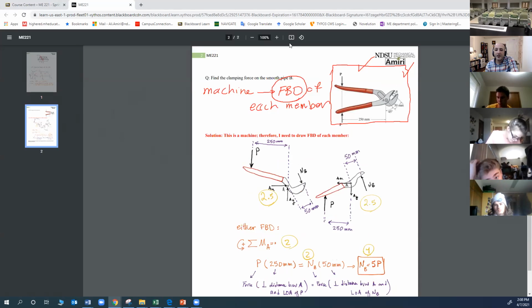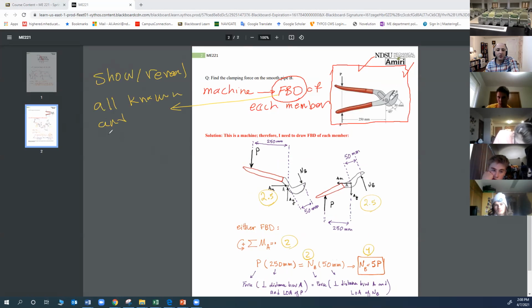So the reason behind FBD is to show or reveal all known and unknown forces that are exerting on that body. Without drawing the free body diagram, you are not going to see all the known and unknown forces that are exerting on that body.